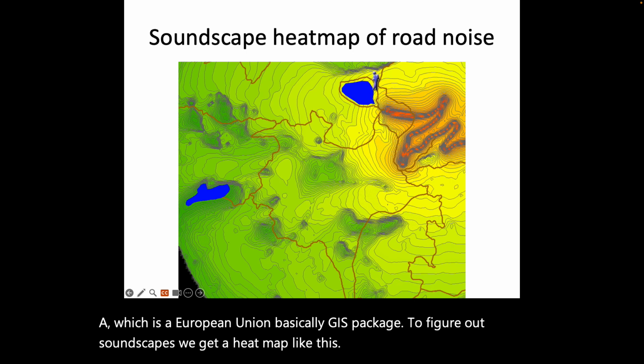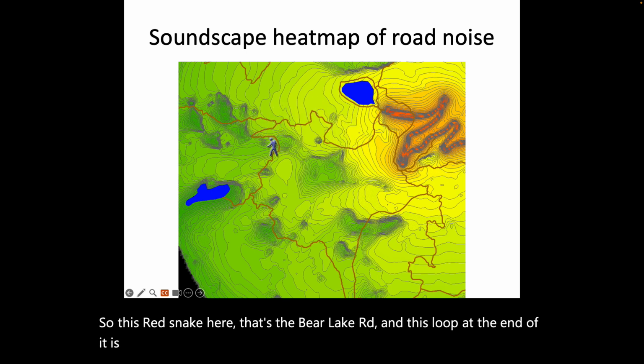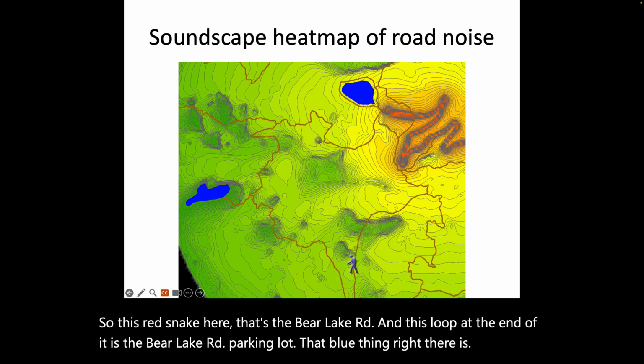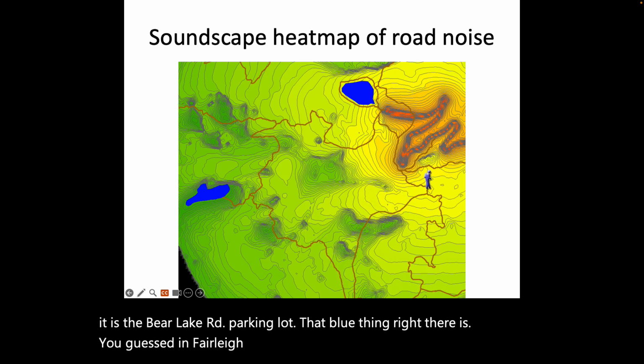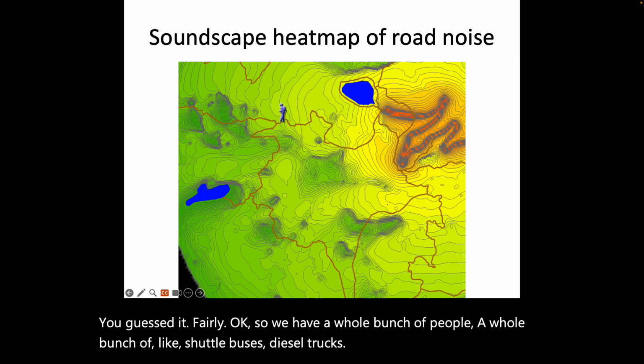So this red snake here, that's the Bear Lake Road. And this loop at the end of it is the Bear Lake Road parking lot. That blue thing right there is, you guessed it, Bear Lake. Okay? So we have a whole bunch of people, a whole bunch of shuttle buses, diesel trucks, regular passenger cars.